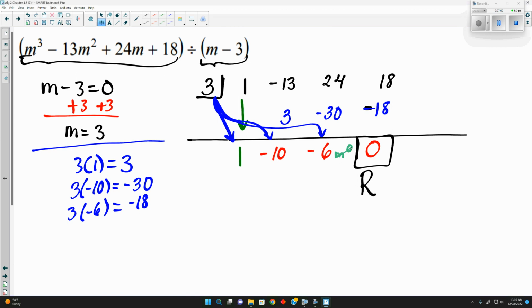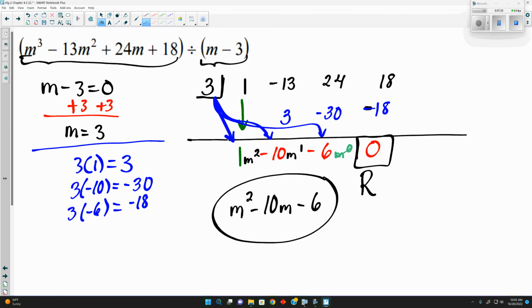So really that's not included. The number after it, negative 10, is going to be m to the first. And then 1 is going to be m squared. So really what we have is m squared minus... you have finished synthetic division.